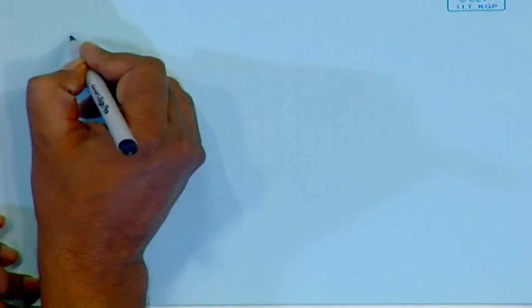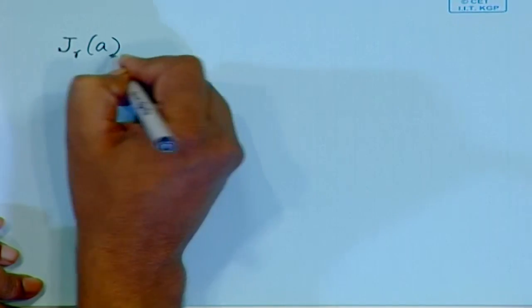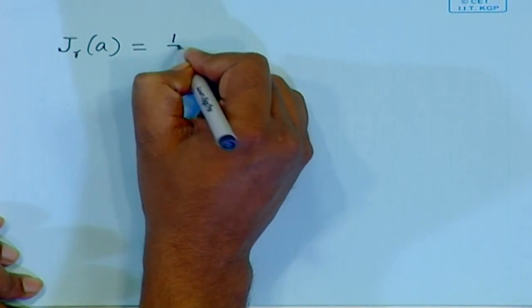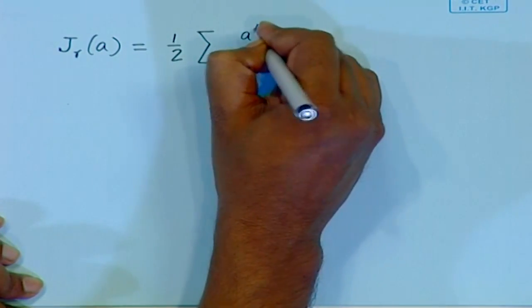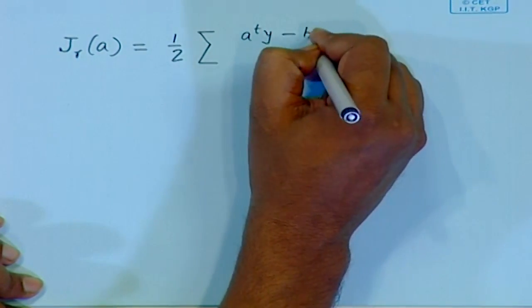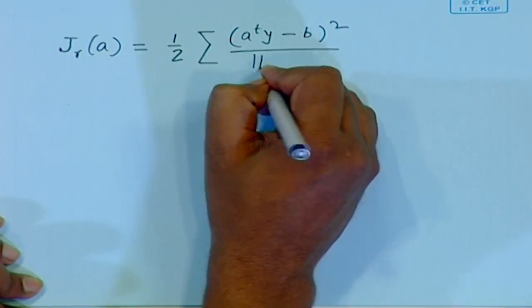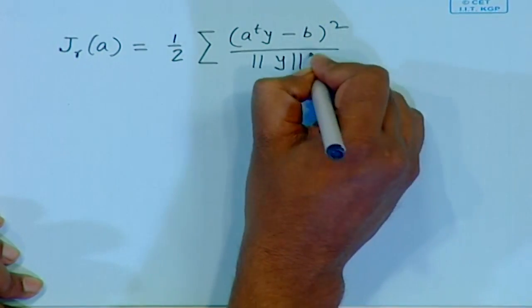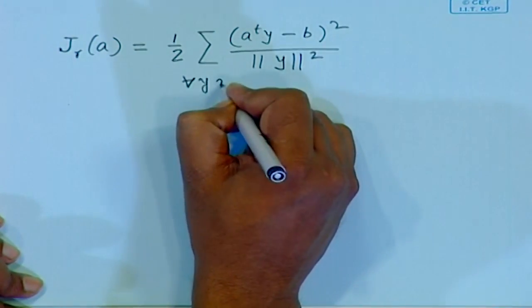One of the variations of the criteria function is defined like this: J_R(A) is equal to half of (A transpose y minus B) square upon mod of y square, again for all y which are misclassified.